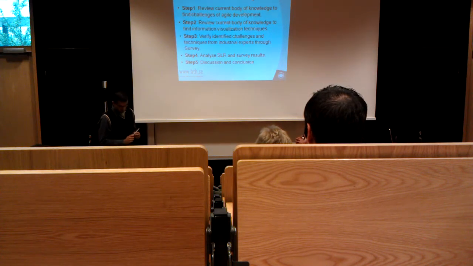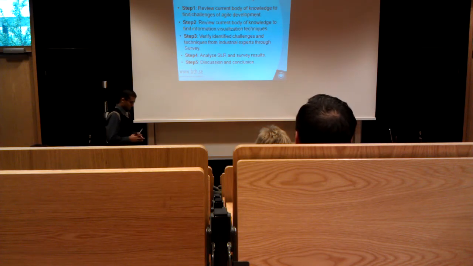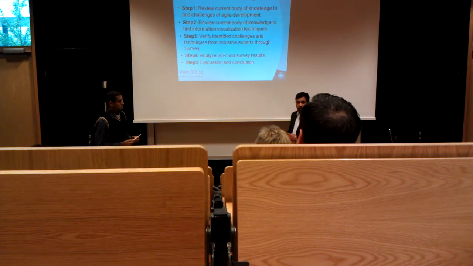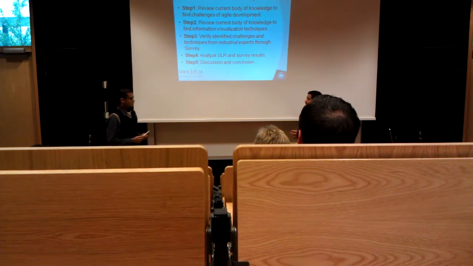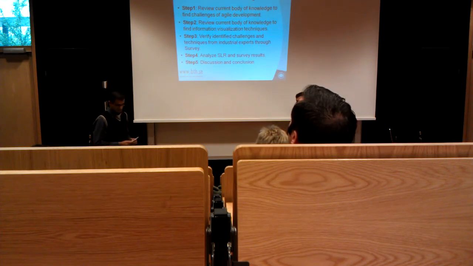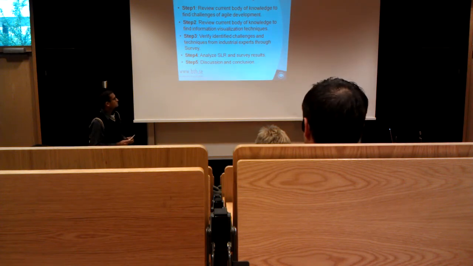Here is our research design, showing how we proceeded to our finalized results. First of all, we reviewed the current body of knowledge to find the challenges of Agile development. In the second step, we reviewed the current body of knowledge to find what information realization techniques are available. Then we verified those challenges and techniques through industrial experts, to get their opinion about them.